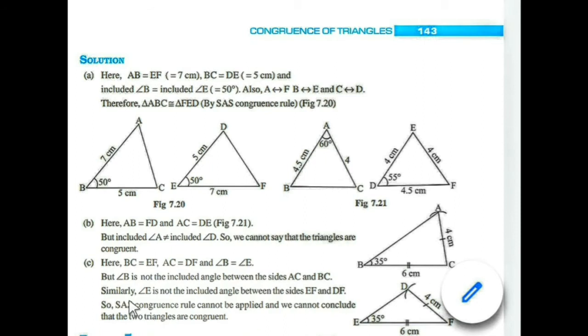Similarly, angle E is also not the included angle between the sides EF and DF. It should be here. So the SAS congruence rule cannot be applied and we cannot conclude that the two triangles are congruent.